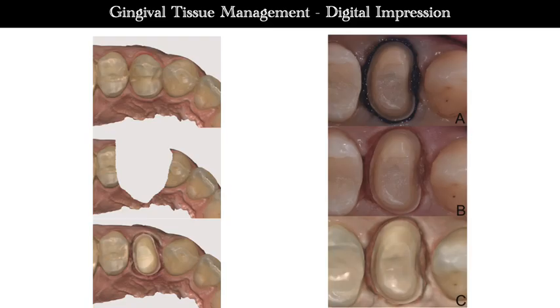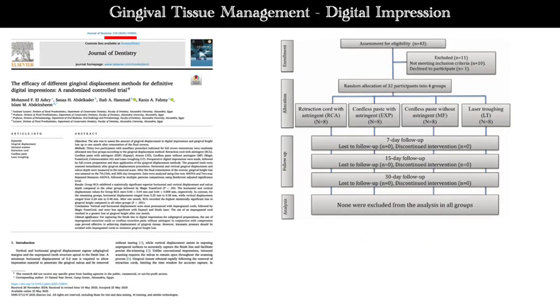The minor areas previously covered by those microfiber strands would be replaced by this last scan. So this would be the SOP for digital impression. Now you understand how complex it is to scan a tooth prep with a digital impression.